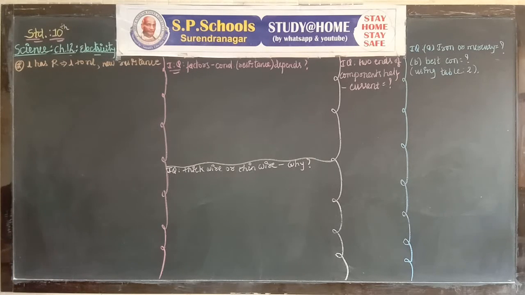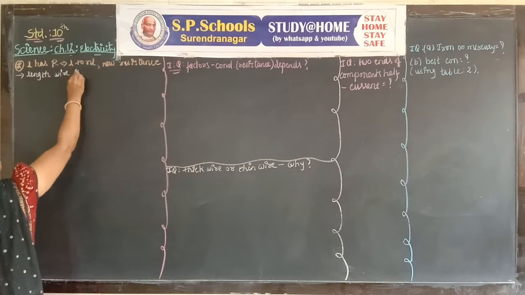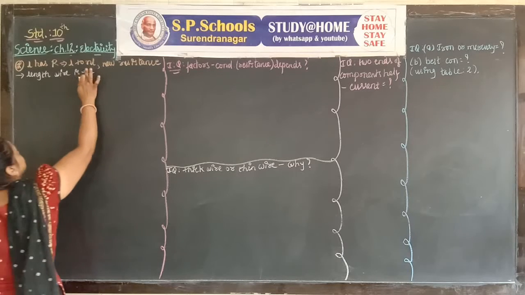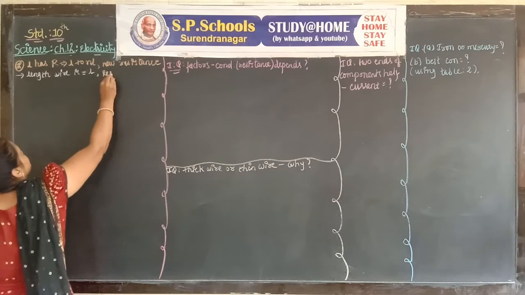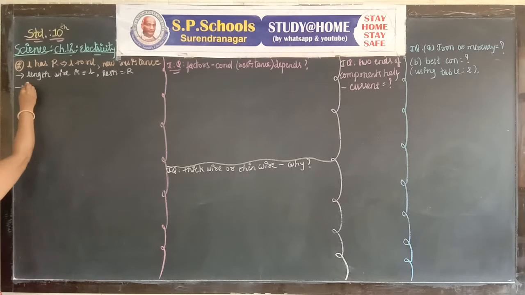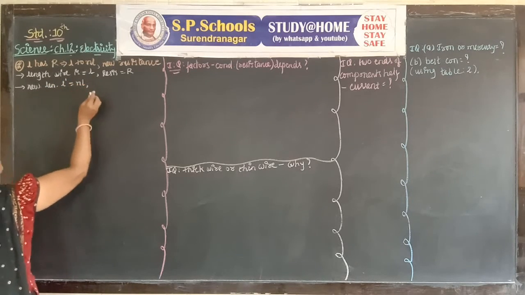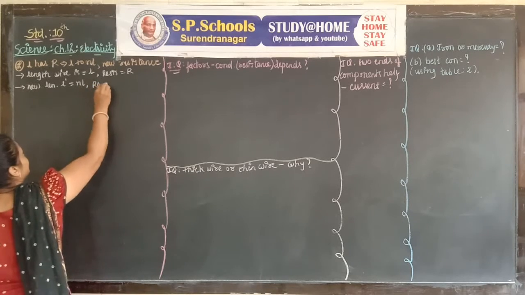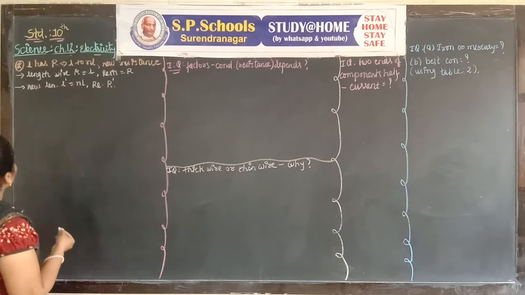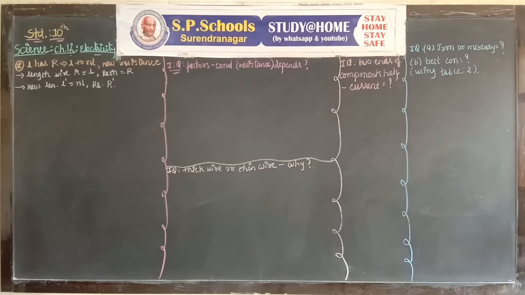The length of the wire is l and resistance is R. When it is stretched, the new length L dash is equal to n into L, and the new resistance is R dash.